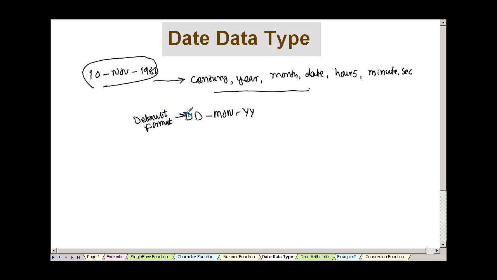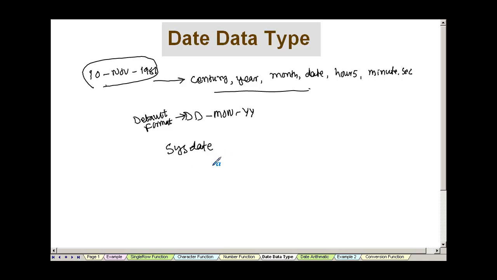Then we are given a function called sysdate. Essentially, sysdate is a function which returns the current date. That means today, if I run SQL Plus and select sysdate from dual, I'm going to get today's date, the current date.